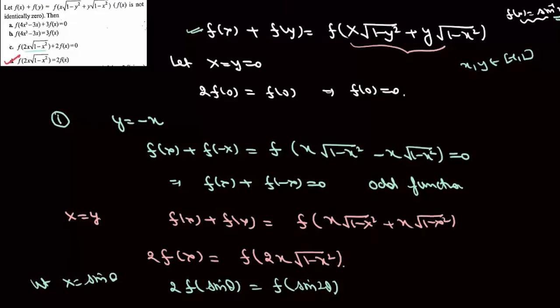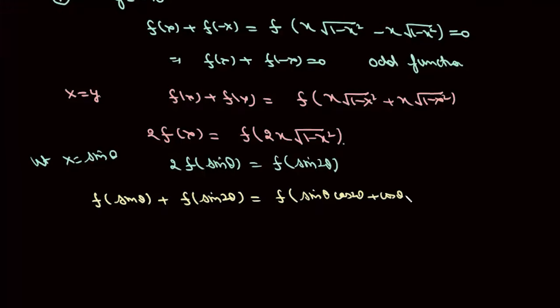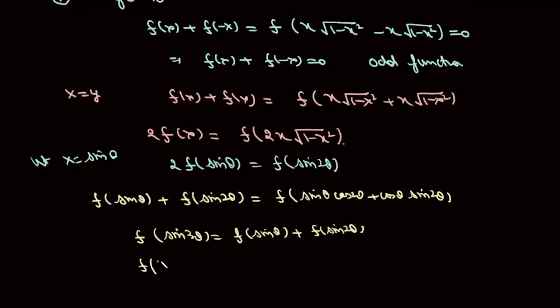So we can write f(sine theta) plus f(sine 2 theta) will be f of sine theta cos 2 theta plus cos theta sine 2 theta, or we can write f(sine 3 theta) will be equal to f(sine theta) plus f(sine 2 theta).